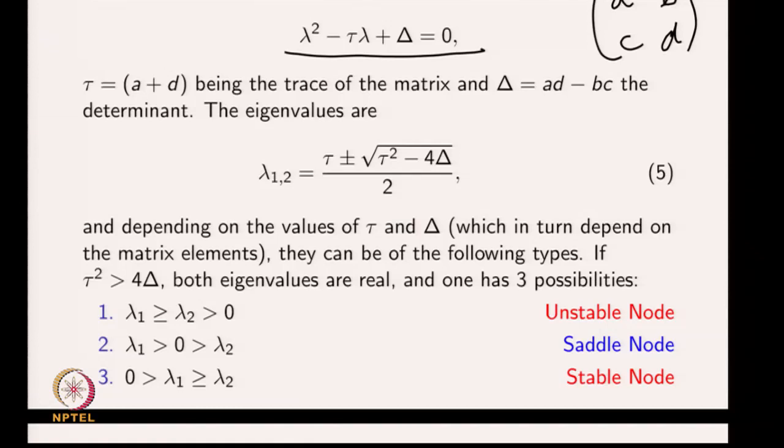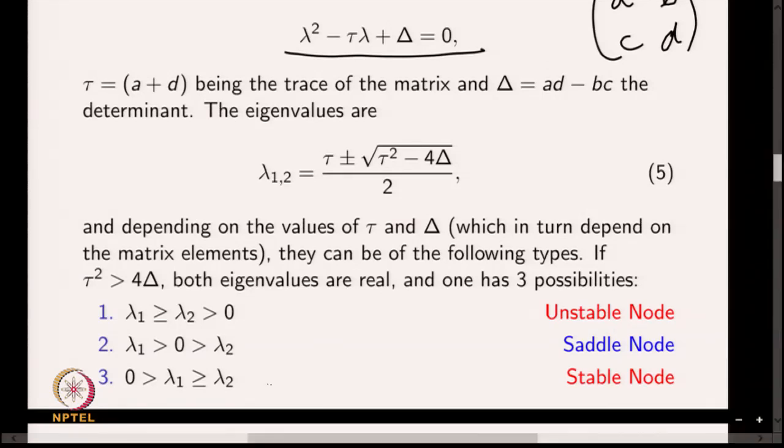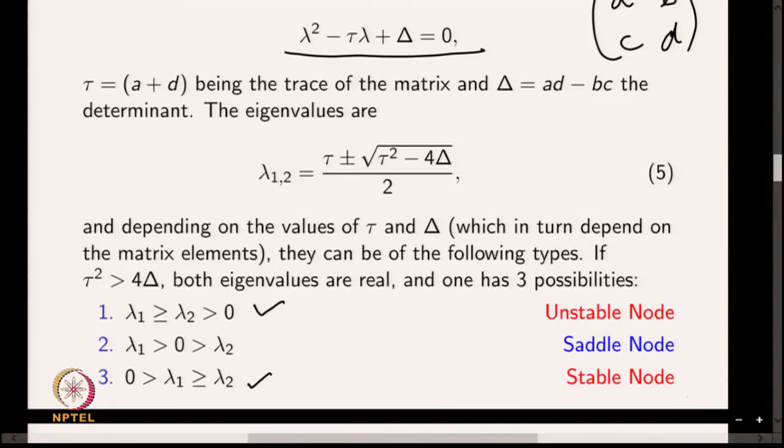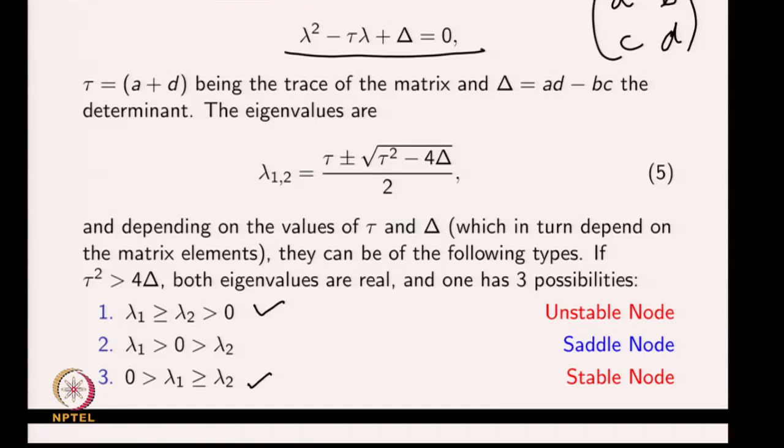The square root will give us 2 real numbers, and depending on various possibilities, we can either have both the eigenvalues as positive and real. You can have both the eigenvalues as negative and real, and in one case you can have one of them positive and one of them negative. These 3 cases, and I will come back to this, are termed unstable node, saddle node and stable node.